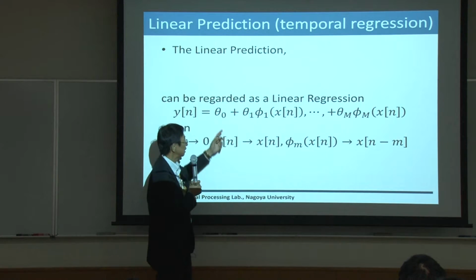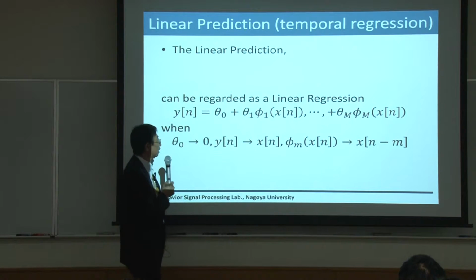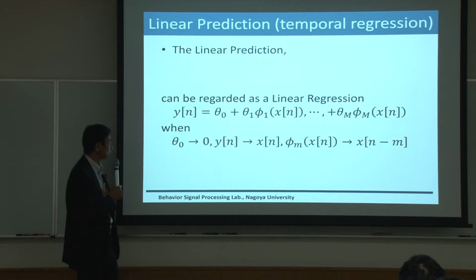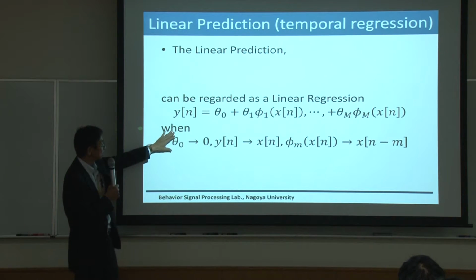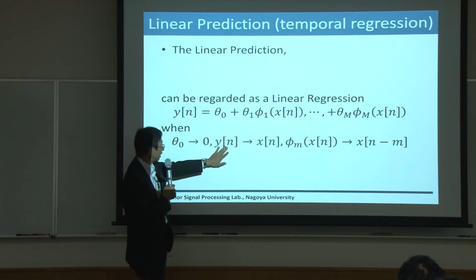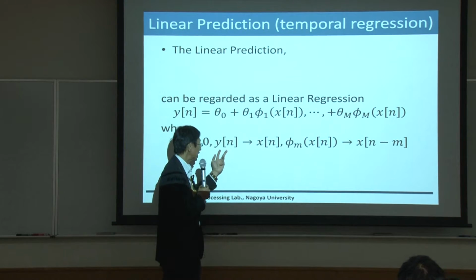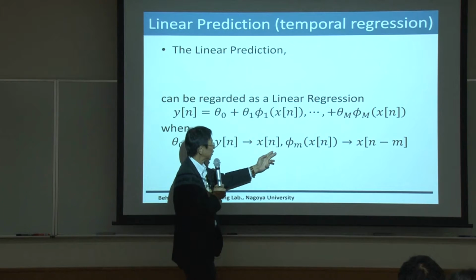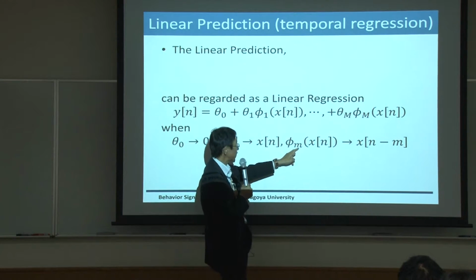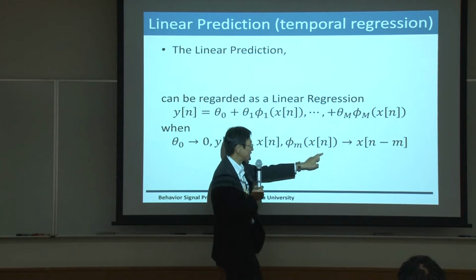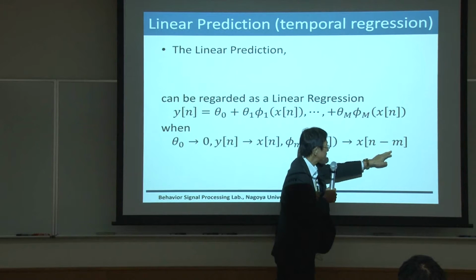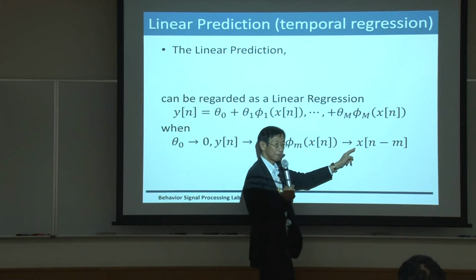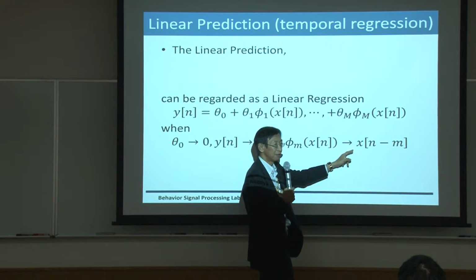That is the linear regression that I showed you. But when you replace the yn with xn, and also replace the mth function of xn with the m-sample delayed version of x, right?